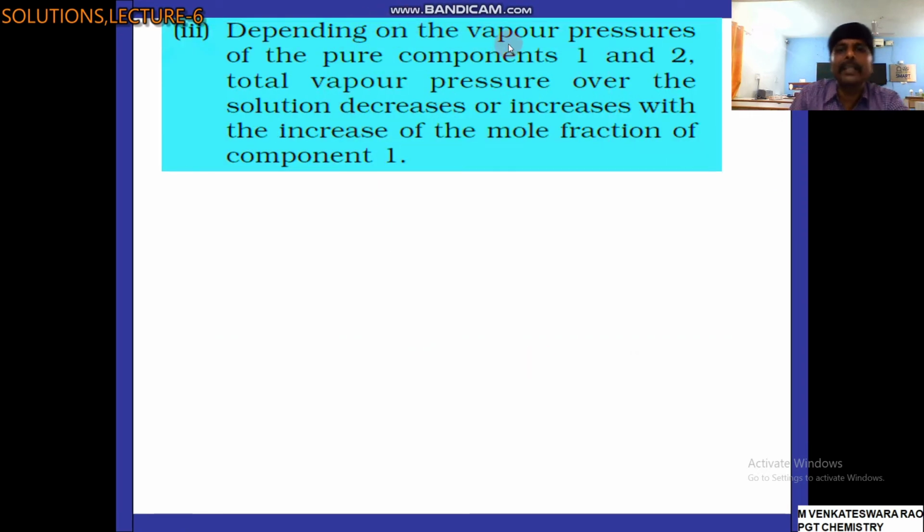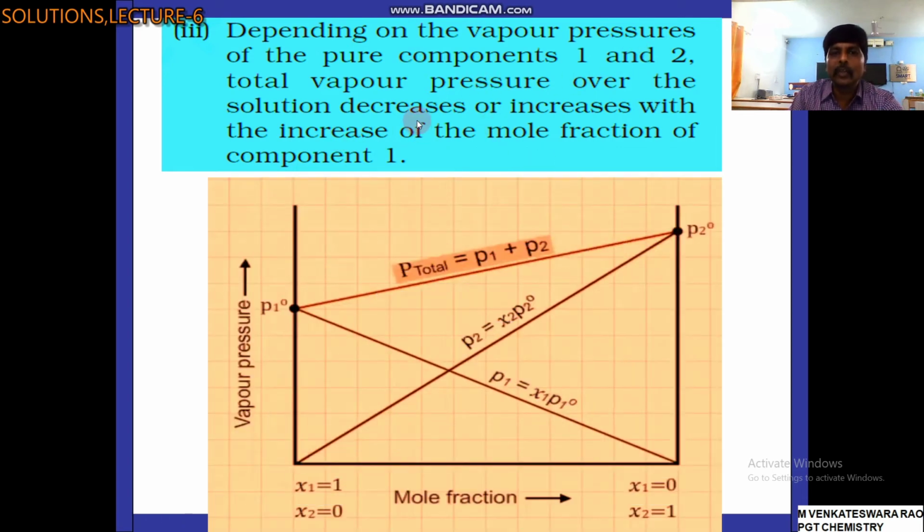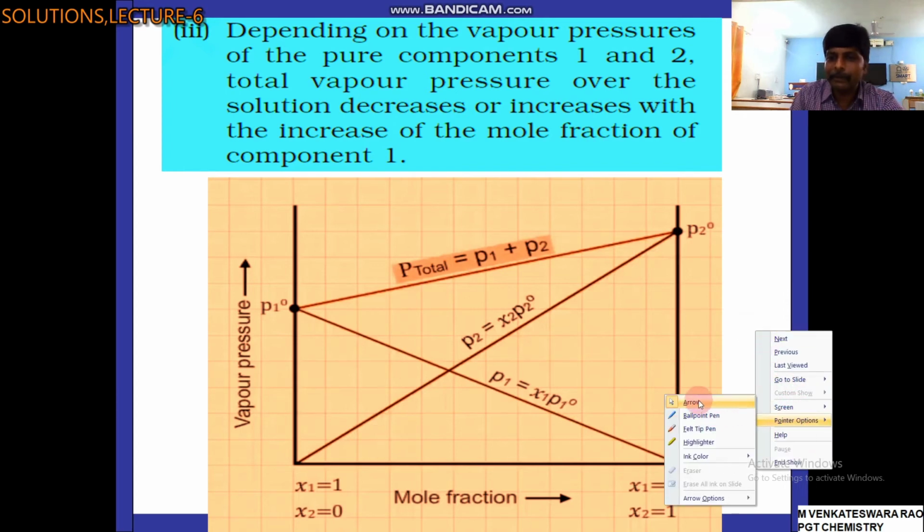Now you will see the third conclusion. Depending on the vapor pressures of the pure components 1 and 2, total vapor pressure over the solution decreases or increases with the increase of the mole fraction of component 1. Here again I will explain from the graph.